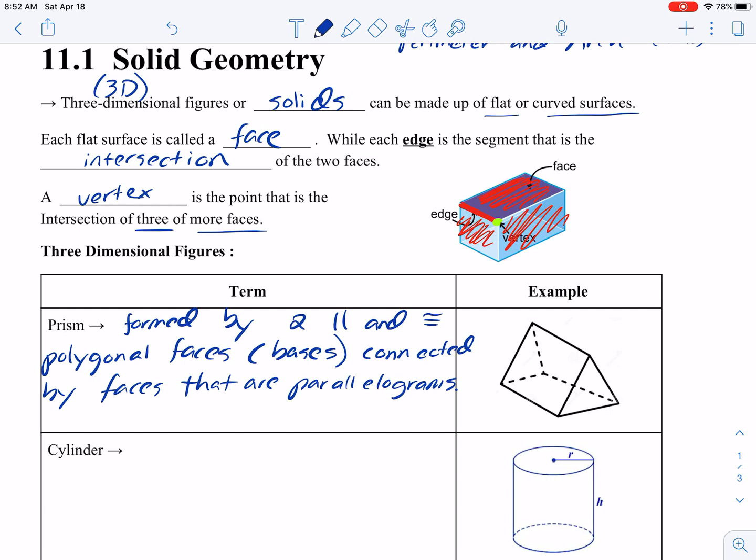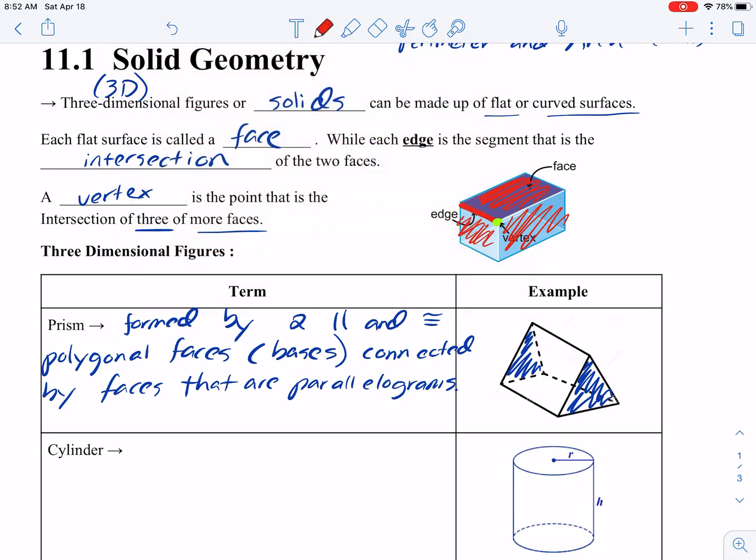Okay. We say parallelogram because it doesn't need to have perfect right angles, as you'll see on a couple of these examples. So this specific prism, the two congruent and parallel, remember these would be the two parallel faces because they're not intersecting.